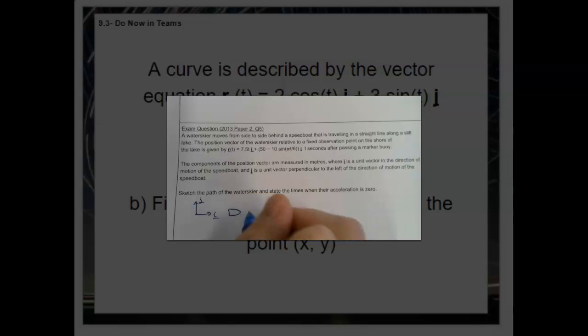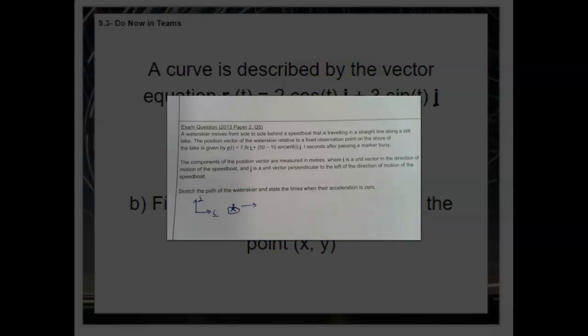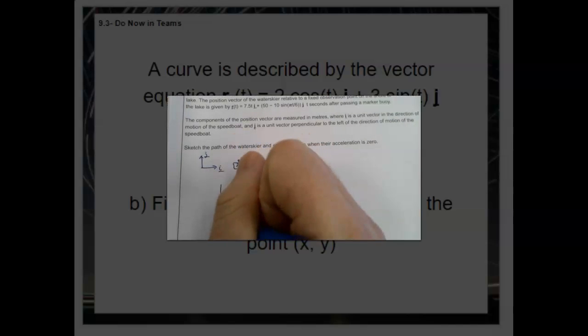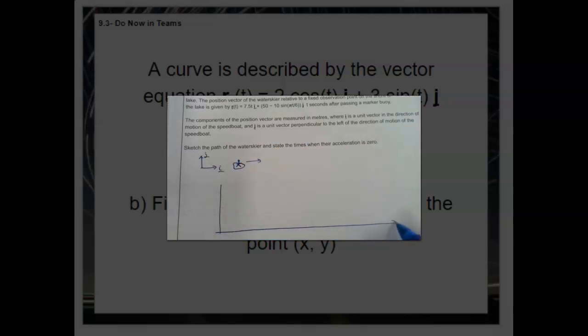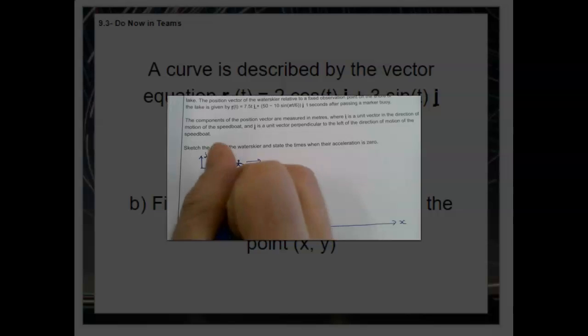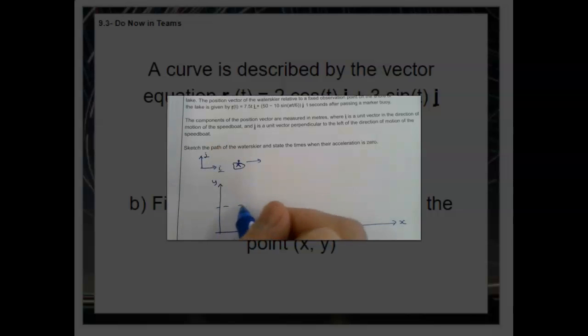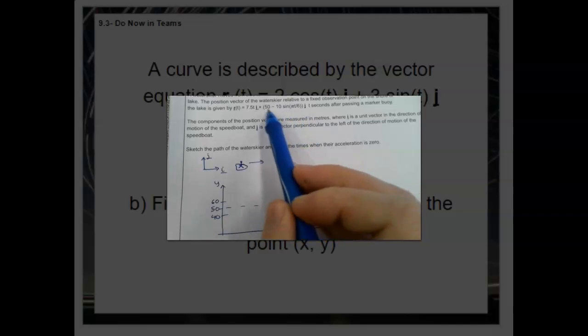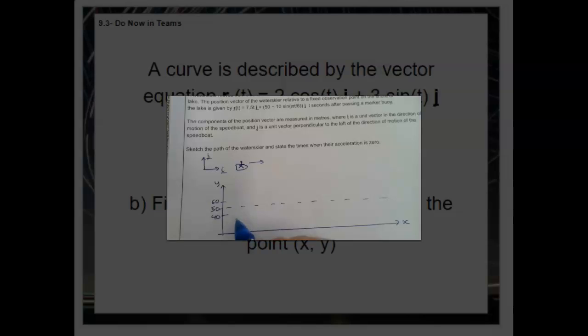So my speedboat is heading this way in the i direction with j off to the left. And then if we think about trying to draw this, if I have my axes, this is my x direction, this is my y direction. I've kind of got this central point at 50, and then I've got 60 and 40, because sine is going to oscillate between 1 and minus 1, so this j component is going to oscillate between 40 and 60.